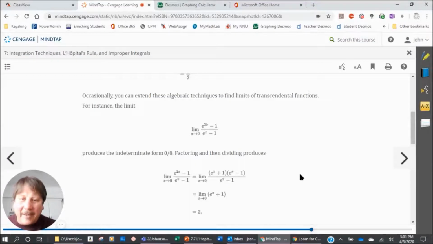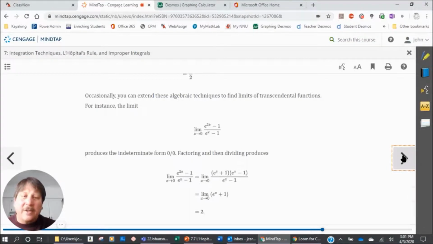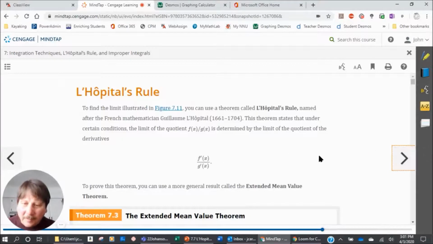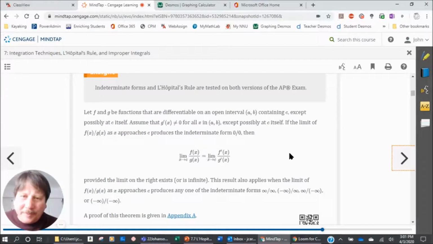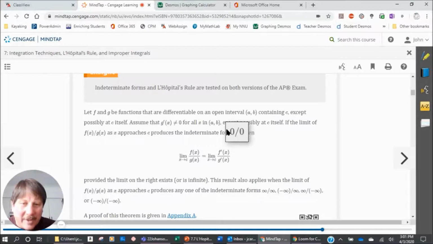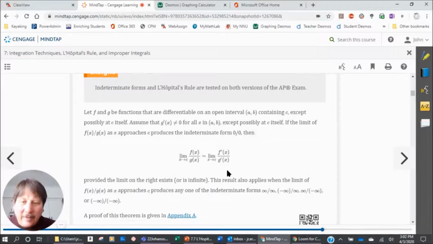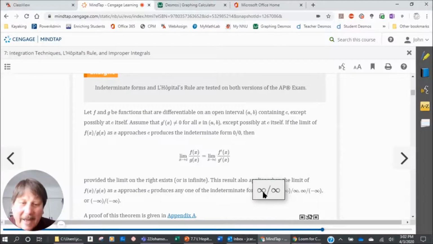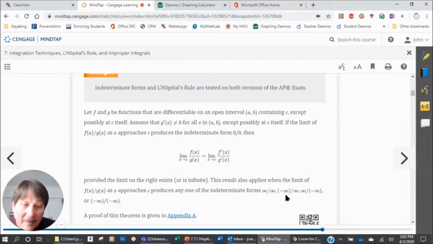Okay, well, here we are, back at the textbook. The next section jumps us into L'Hopital's rule. Okay, L'Hopital's rule. If you have a function that you are trying to find the limit of that is of an indeterminate form, so we have 0 over 0, or we have all of the infinities over infinities. Sign doesn't matter. You can do negative infinities, top or bottom, or both.